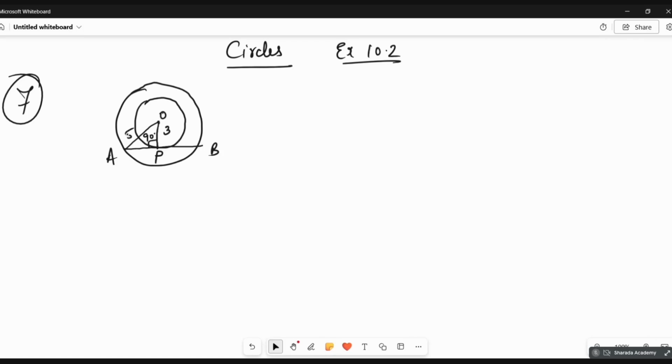Now, write AP is equal to PB or AB is equal to 2 times AP.